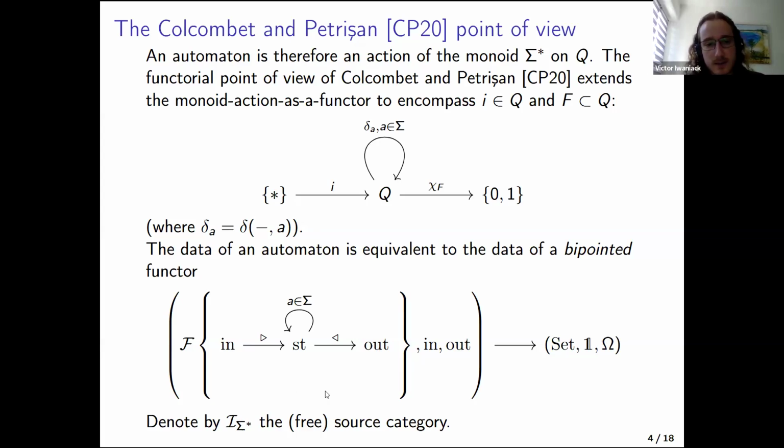So this free category is very important in the functorial representation, and we will denote it by I sigma star.